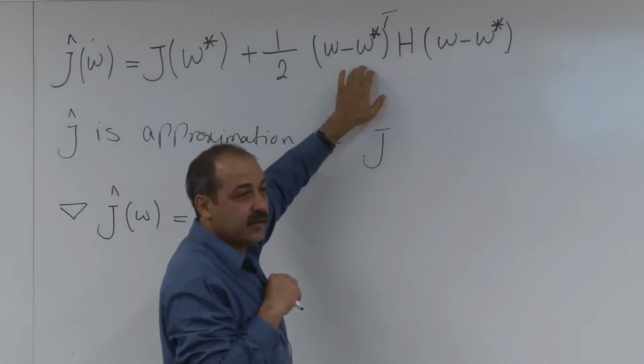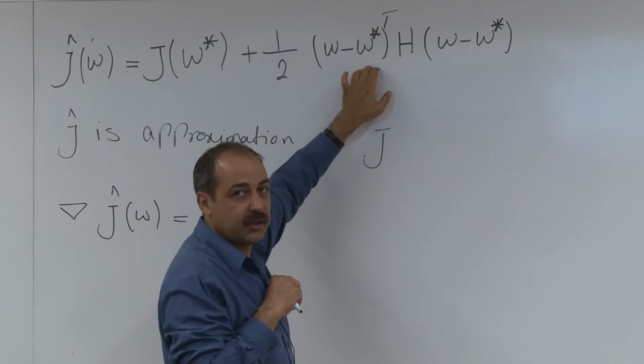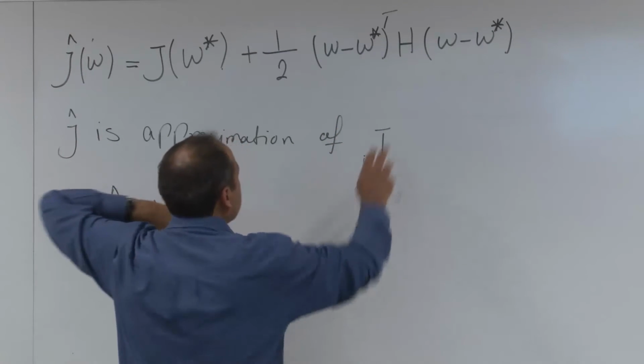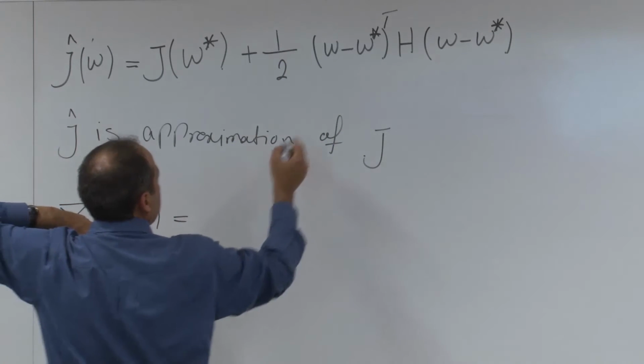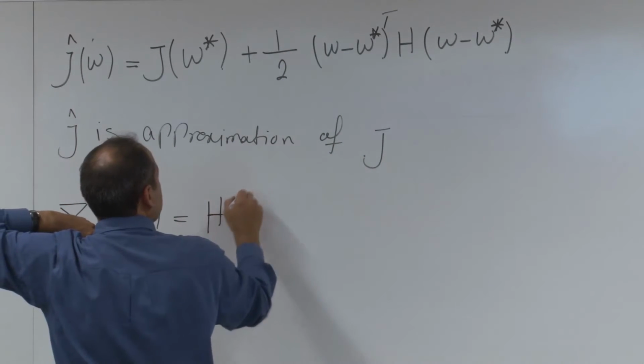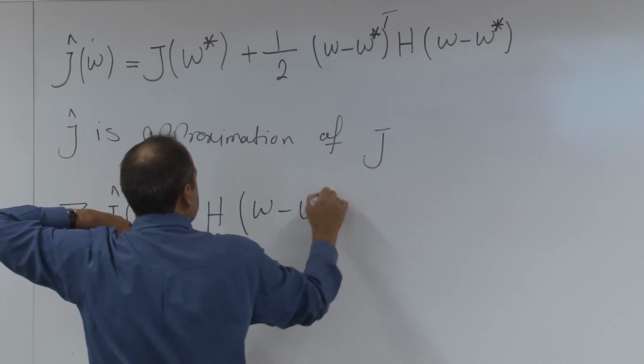And I have the derivative of this term. It's quadratic, so it's going to be 2 times this 1/2, which is just 1, and it's going to be H (W minus W star).